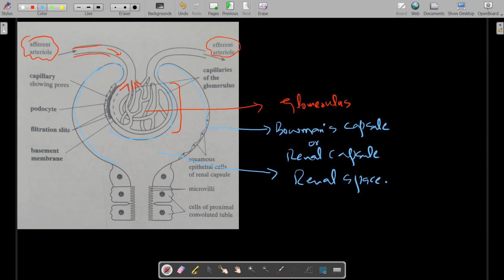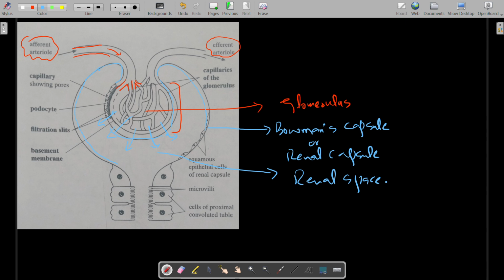Now see, when blood enters into this glomerulus, there are a lot of substances in it which actually leak out into this space. For example, the water in the blood leaks out. Electrolytes, Na positive, K positive, bicarbonate ions, H positive, they leak out into this space.